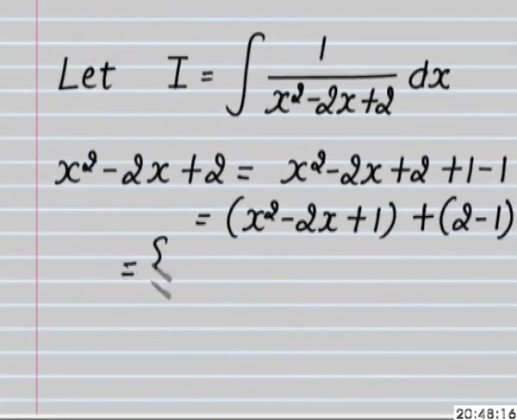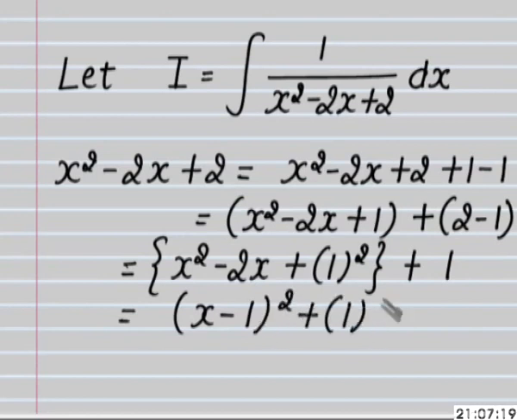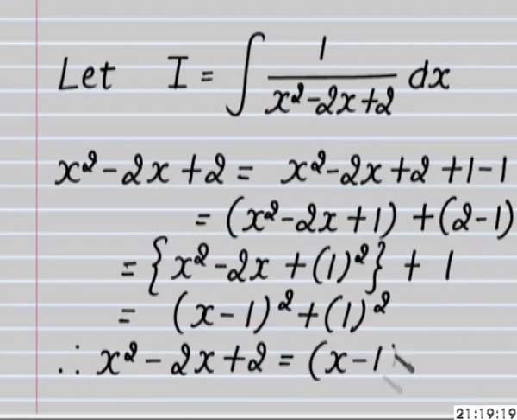Further, it is equal to x square minus 2x plus 1 square plus 1, that is equal to x minus 1 whole square plus 1 square. So therefore x square minus 2x plus 2 is equal to x minus 1 whole square plus 1 square.